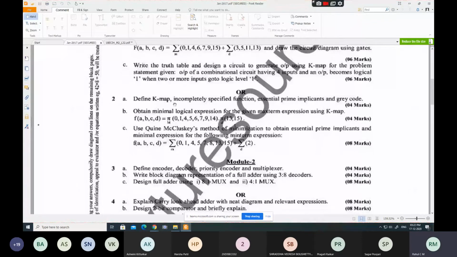Define incompletely specified function. Whose value is known for every combinational input.